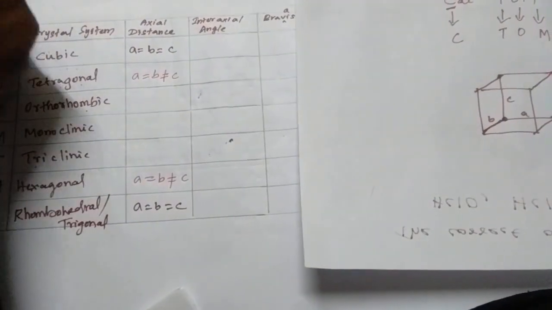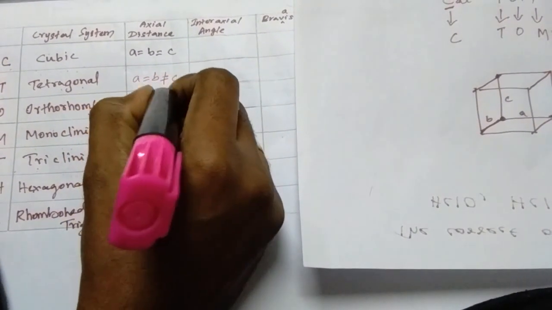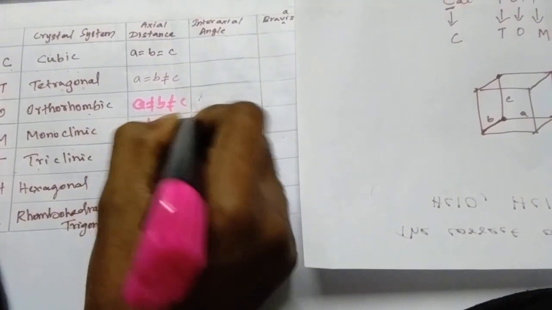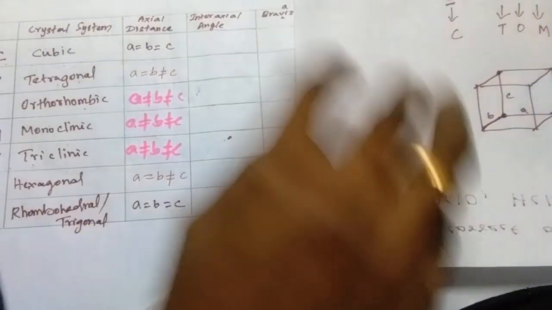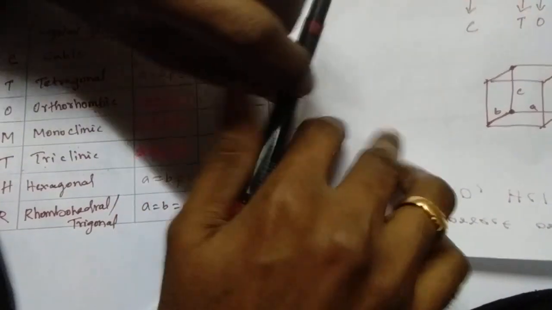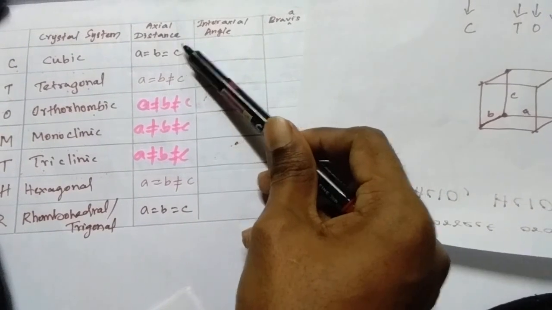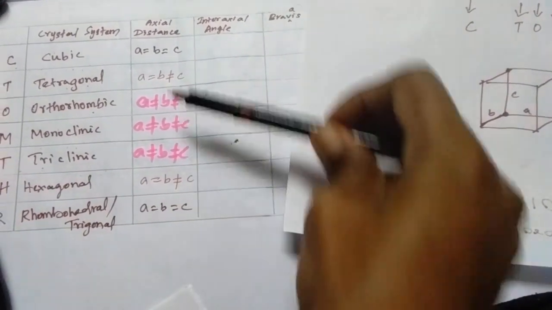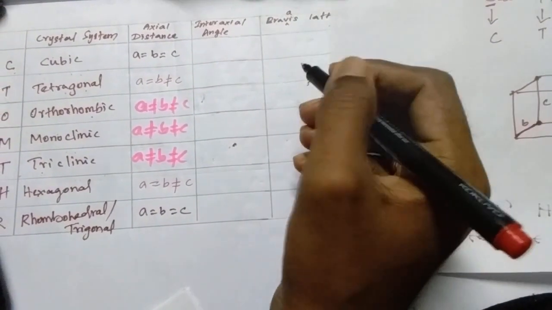Then A not equal to B not equal to C, all are not equal. So based on this, you can write the axial distances. First, A equal to B equal to C, twice; then A equal to B not equal to C, twice. These three are A not equal to B not equal to C.